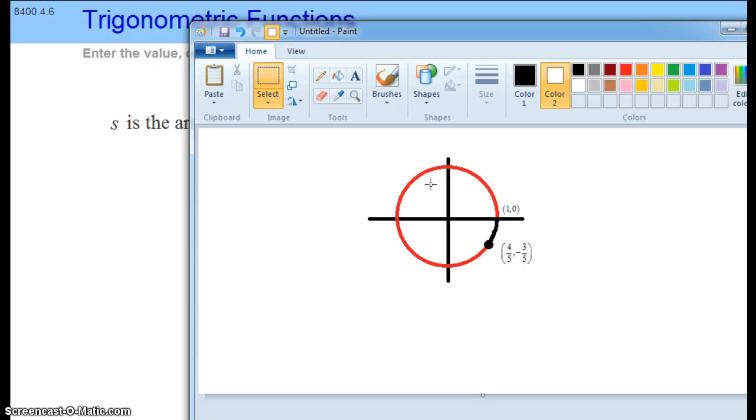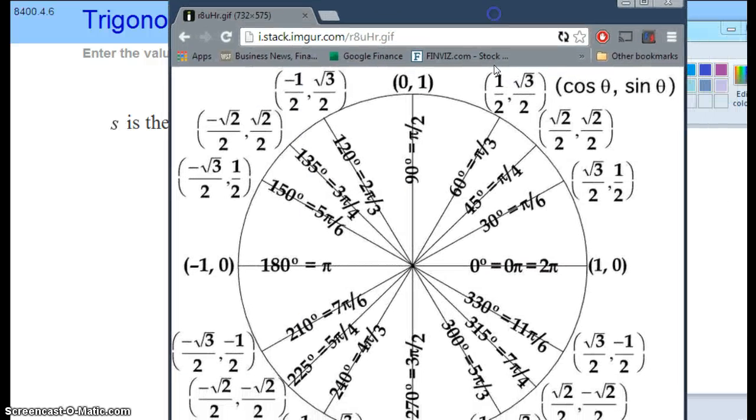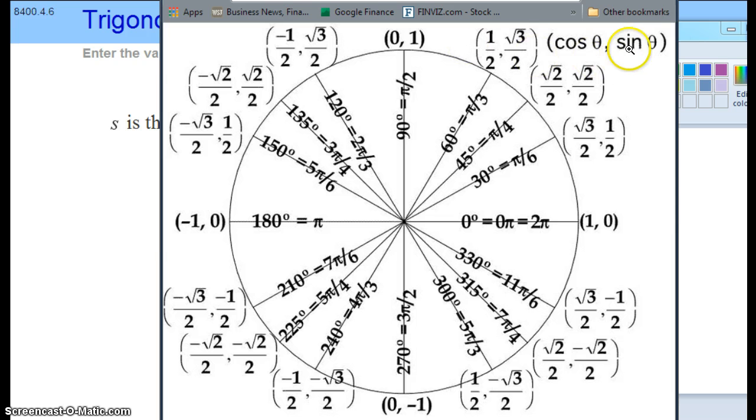Again, let's pull up that unit circle because it reminded us of something. Okay, so sine of S. If S is a radian measure, like 30 degrees or pi over 6, you can see that sine of theta, sine of 5 pi over 3, is negative root 3 over 2.